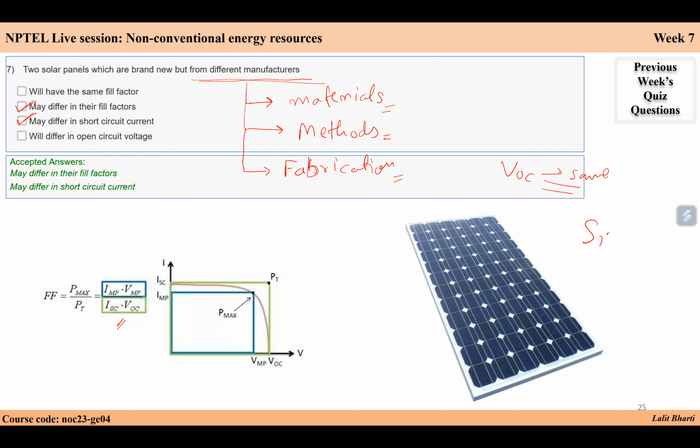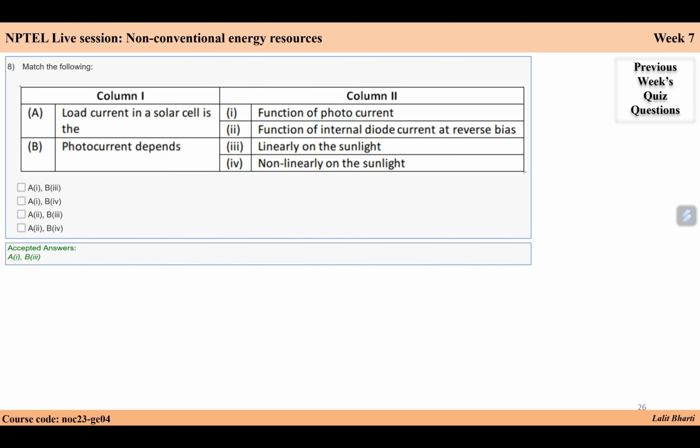Most manufacturers use silicon, so the VOC will be the same. So this statement is also incorrect. The first is also incorrect. Second and third are correct. Then we have the next question.